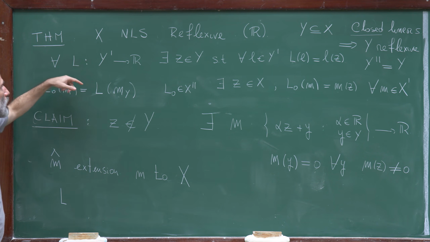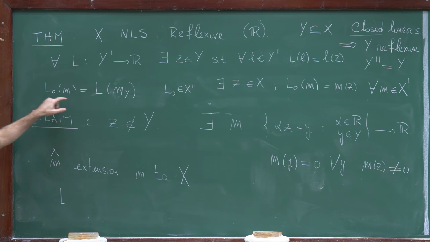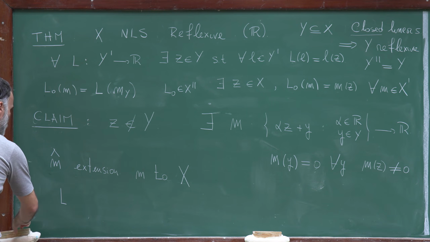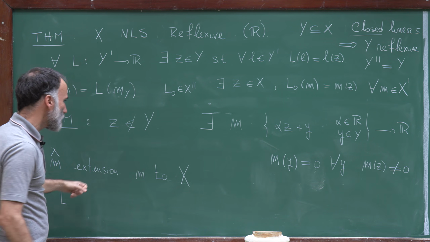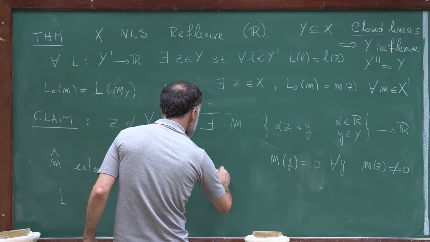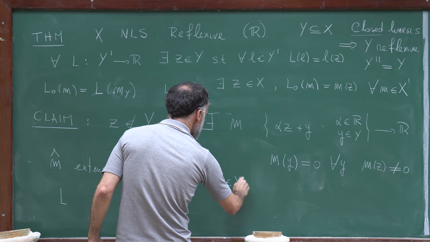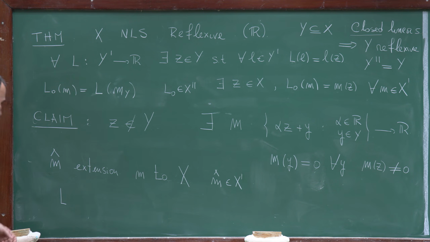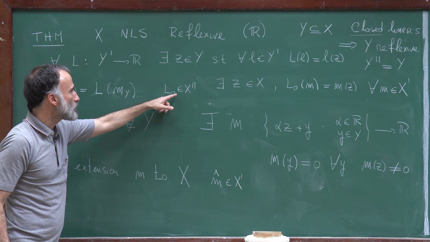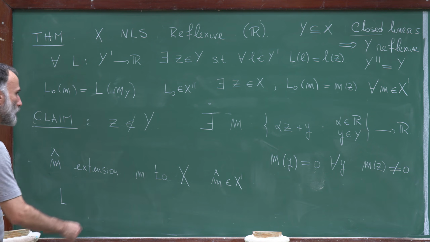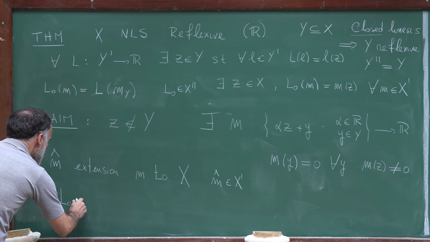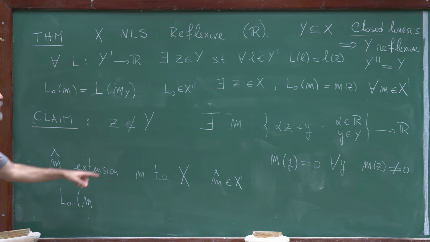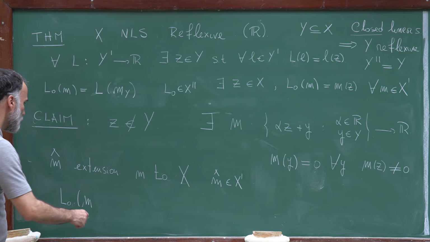L0 is our bounded linear functional defined on X prime. Right? So M hat is an extension, so M hat is an element of X prime. Let me apply L0, which is an element of X double prime, to M hat.